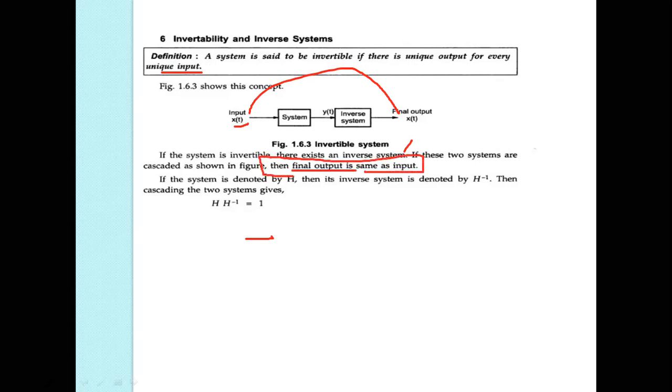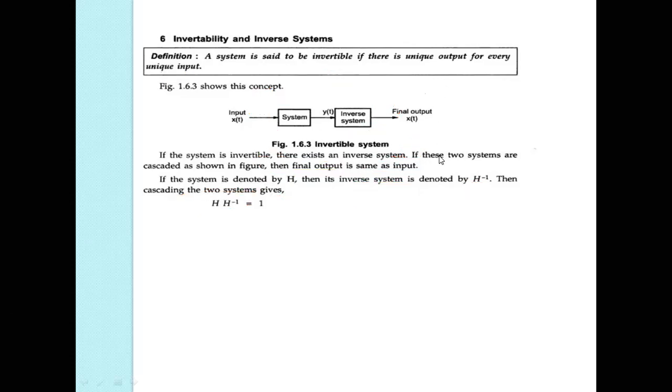If the system is denoted by H, then its inverse system is denoted by H inverse. Then cascading of the two systems gives H times H inverse equal to 1. Finally, this function is 1 only. The 1 times x of t is x of t. Got it, my dear students?